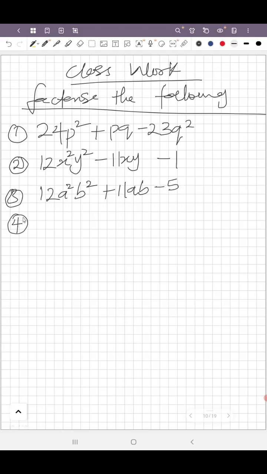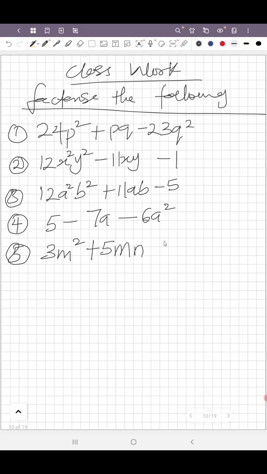Number 4: 5 minus 7a minus 6a squared. Number 5: solve 3m squared plus 5mn minus 2n squared. So these are the very interesting classwork that you're going to solve and send to me.